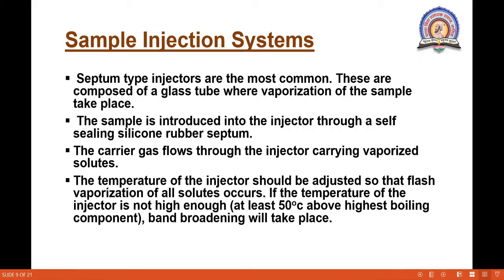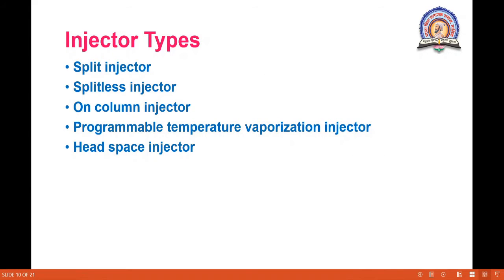The injector temperature should be at least 50 degrees above the highest boiling component. If the temperature of the injector is not high enough, band broadening will take place. So these are the different injector types: split injector, splitless injector, on column injector, programmable temperature vaporization injector, and head space injector. These injectors are included in our syllabus, so we will discuss them one by one.